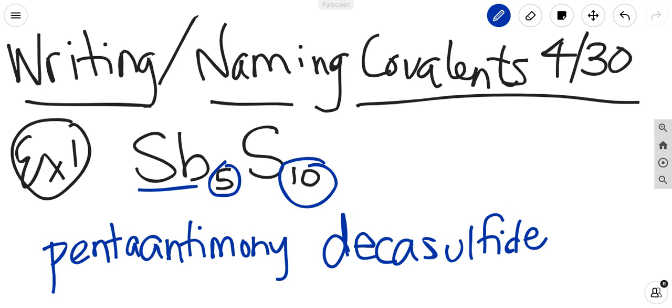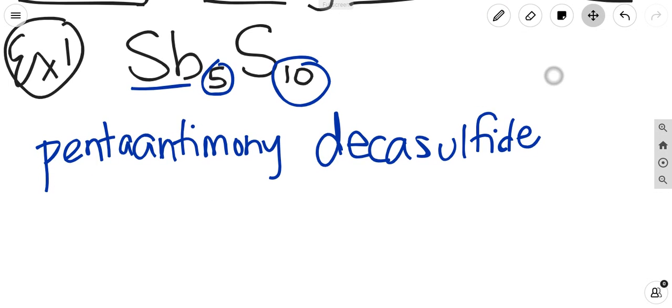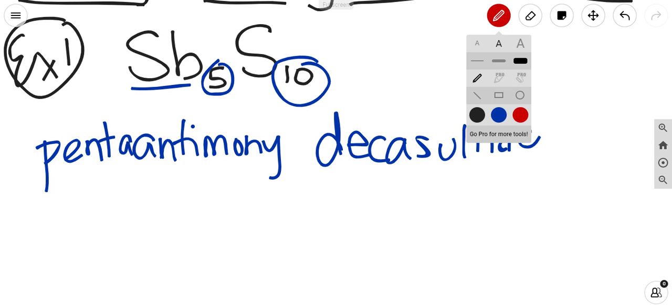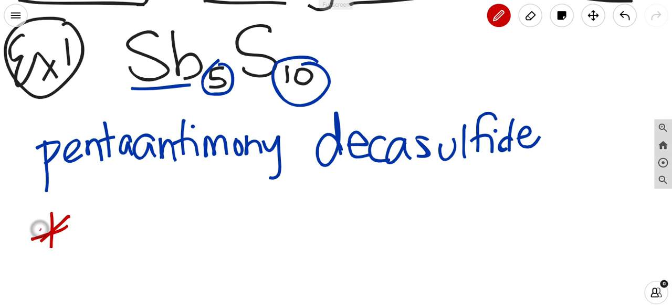Okay, sulfur becomes sulfide. Now, we wish this would stay nice and simple, but there's always an exception to the rule. And the exception to the rule is the prefix mono. So we're going to call this the mono rule.